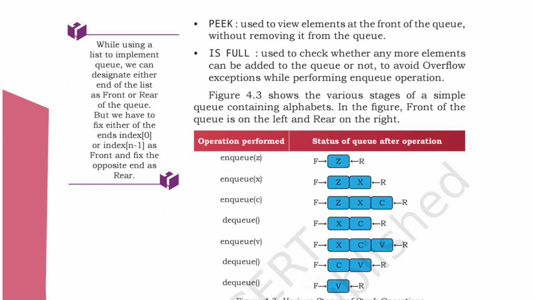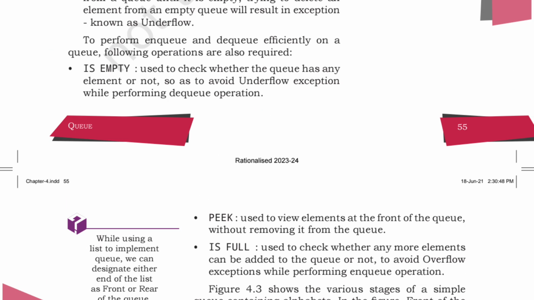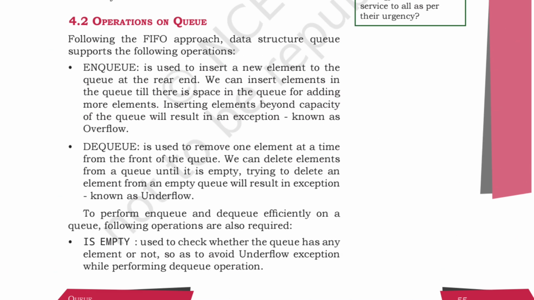This figure shows the various stages of a simple queue containing alphabets. These are the different alphabets in the figure. The front of the queue is on the left and the rear on the right. Over here we are performing the NQ operation.